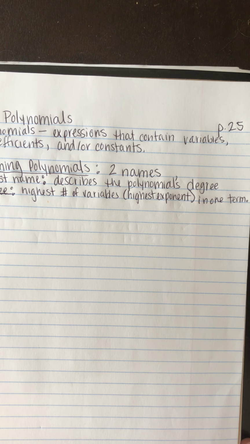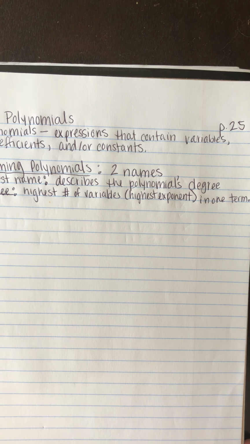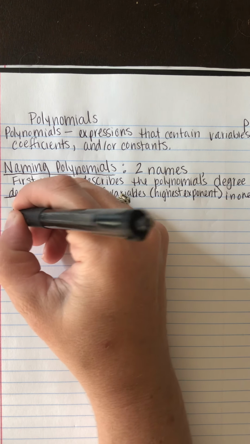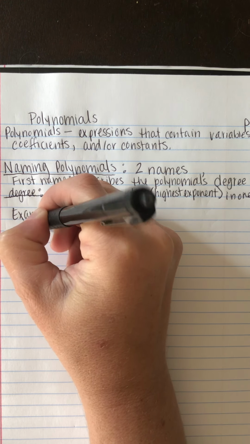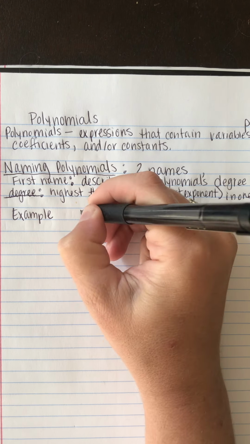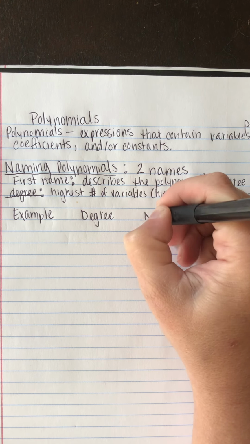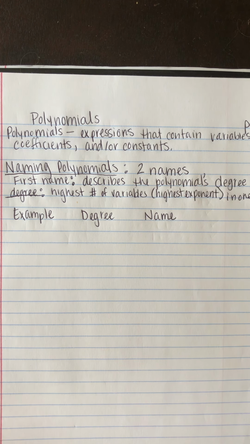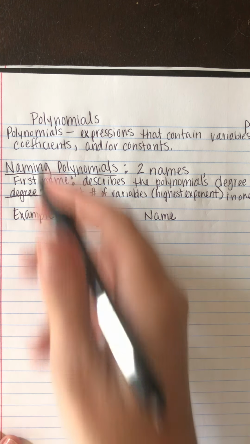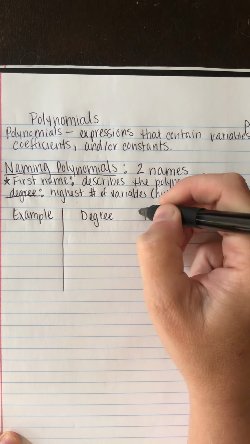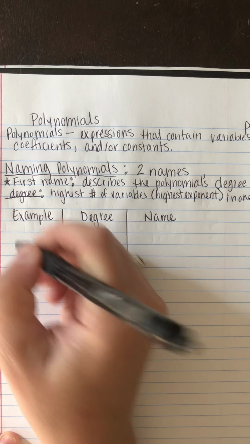All right, so we're going to do a bunch of examples down here. So we're going to make a little T-chart here. We're going to say example. Then we're going to have the degree. And then we're going to have the name. So remember, this is just the first name, okay? First name only here. All right, and we'll do a few of these.